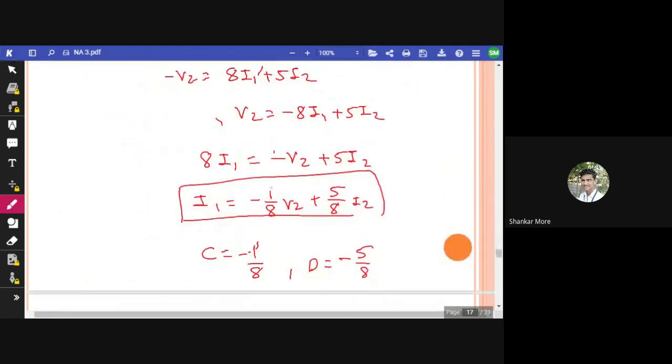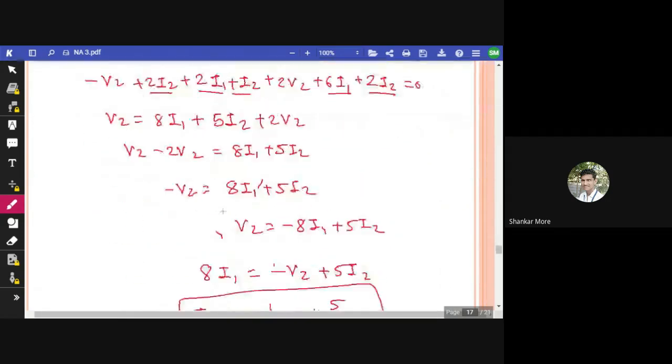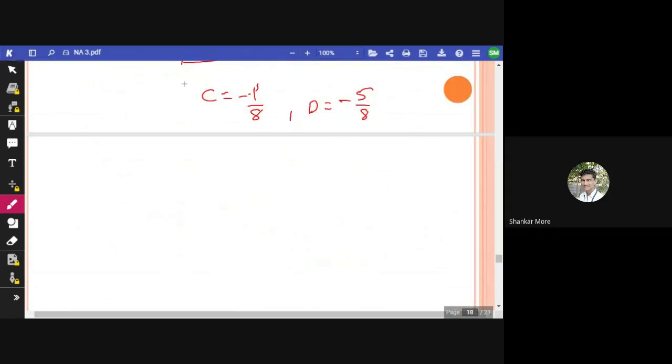We'll put this value in place of I1. I1 is equal to minus 1 by 8 V2 plus 5 by 8 I2. So we'll replace this value. So first of all, let me just write this formula here. That is V1 is equal to 9I1 plus 2I2 plus 2V2.